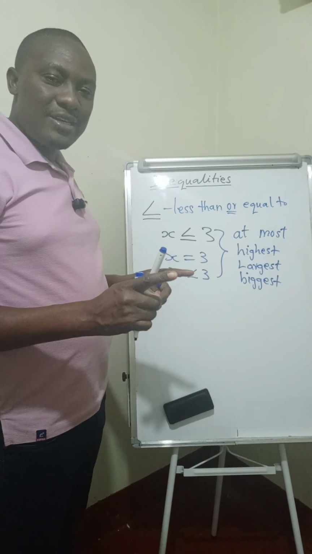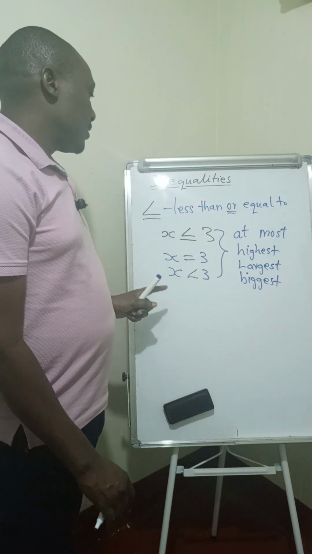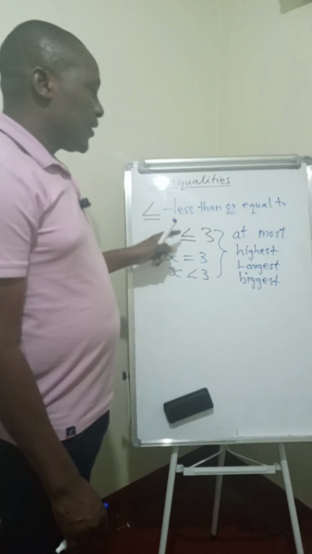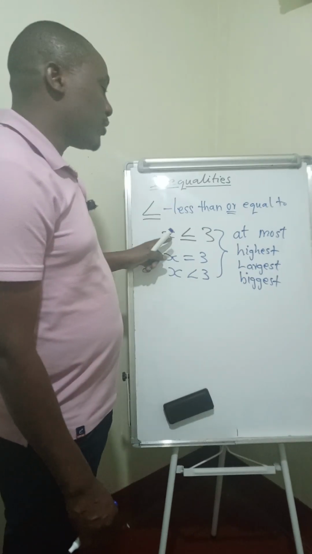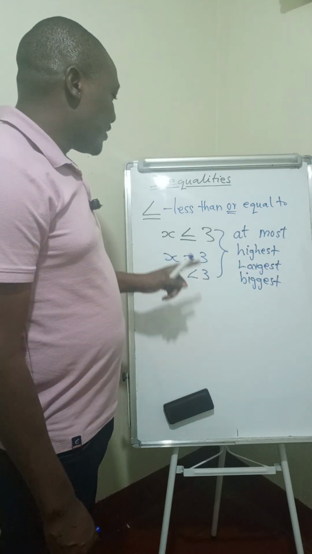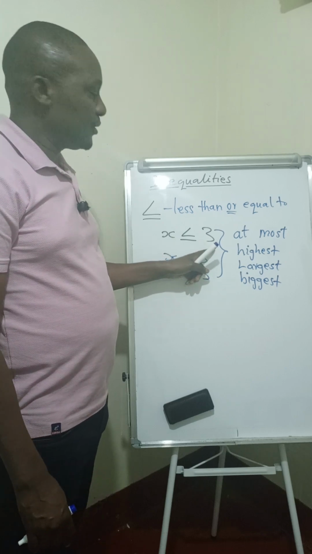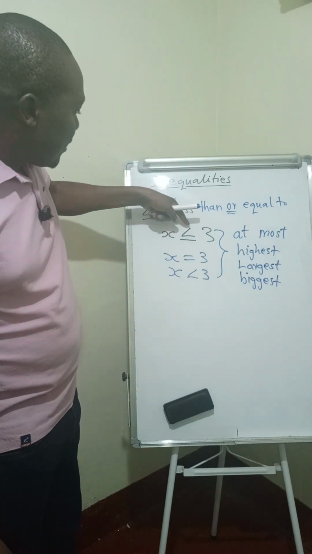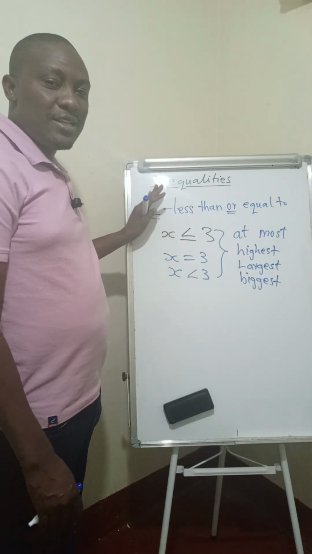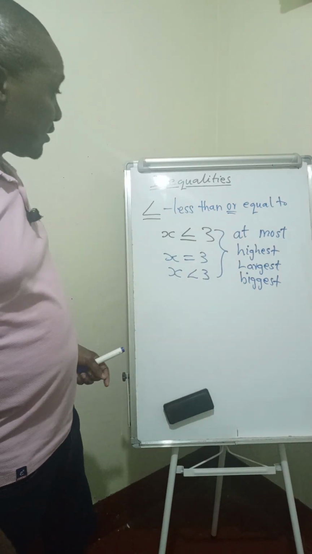If we say x is less than or equal to 3, meaning the highest value of x, the biggest number we can talk of as a value of x, the largest number of x is 3, and the others are less than 3. These terminologies you must have at your fingertips.